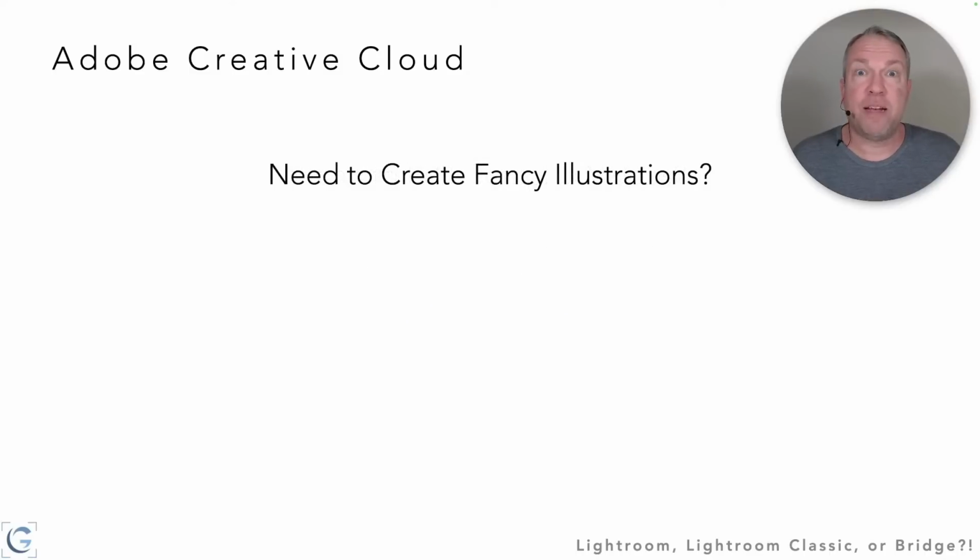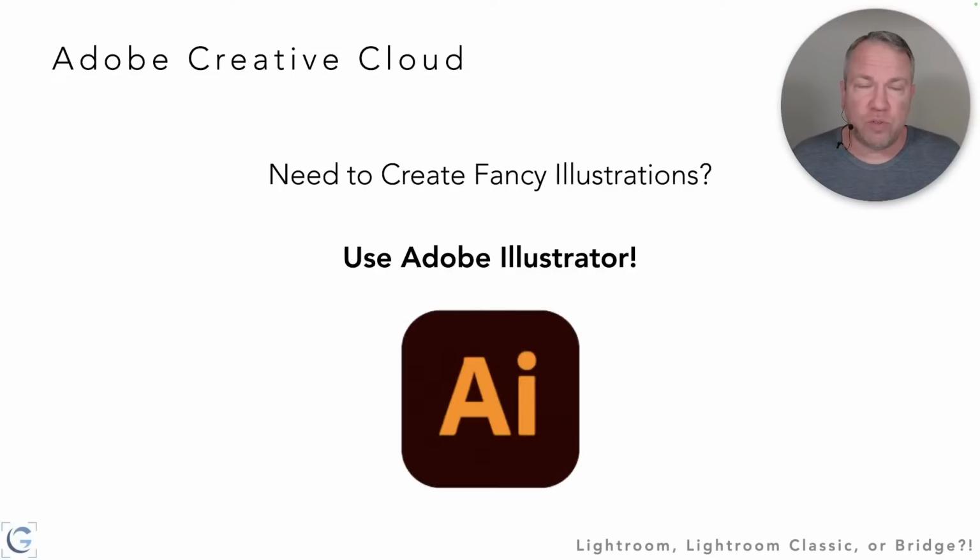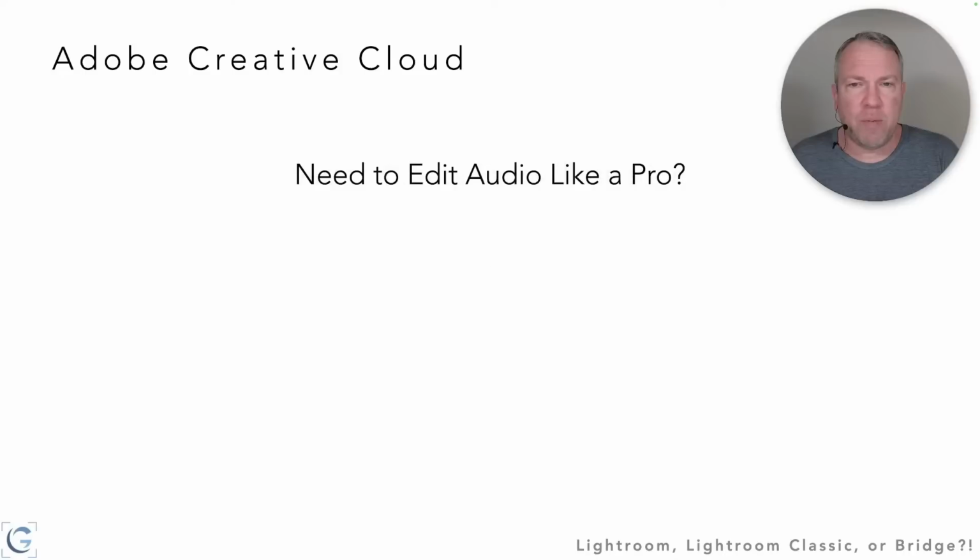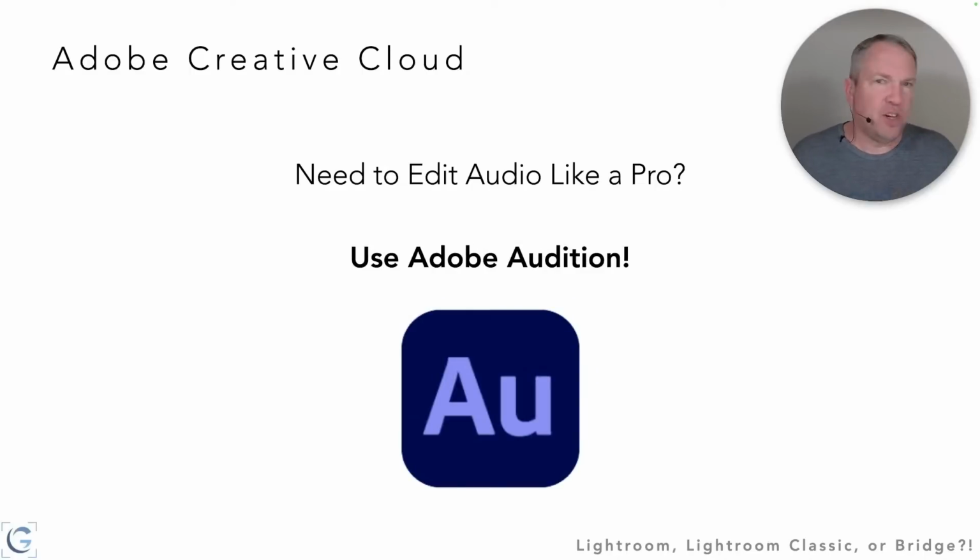And what about creating fancy illustrations, vector graphics? Then you might want to use Adobe Illustrator. And in the Adobe family, this is pretty much the solution you're going to use for vector graphics. What about editing audio like a pro? Maybe you've got a podcast or you're editing audio to put to a slideshow presentation of your photos, whatever the case might be. Adobe Audition.